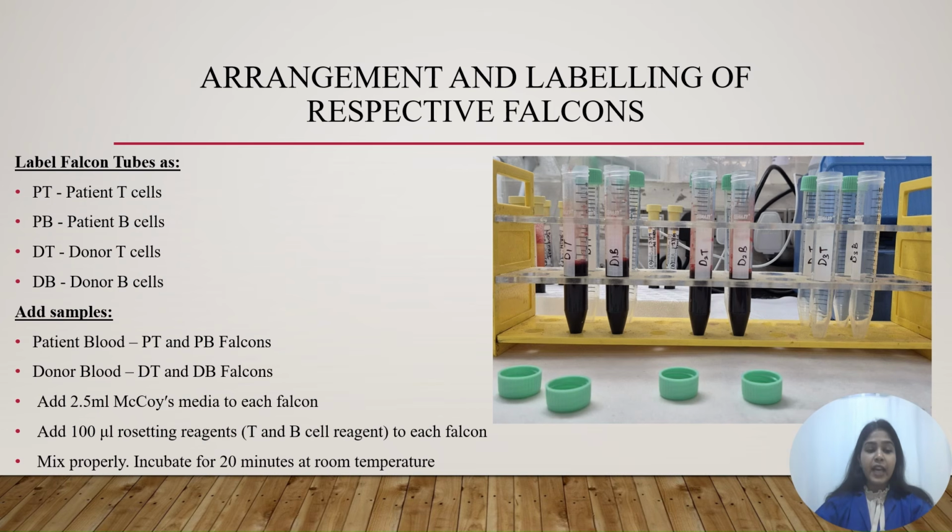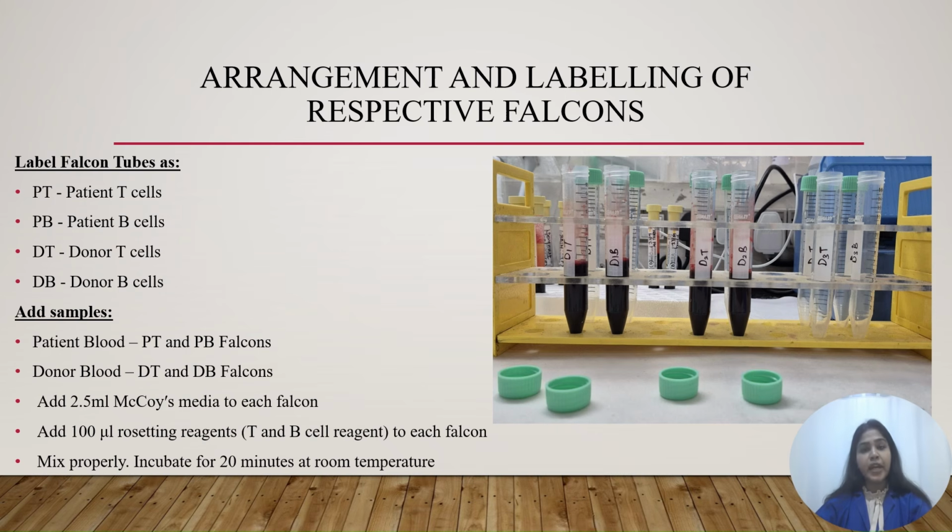Here we will add the samples. We'll transfer the blood sample from the ACD vials to the tubes, as the patient blood will be transferred to the PT and PB falcons and donor blood to the DT and DB falcons respectively. We'll add 2.5 ml of McCoy's media to each falcon, and after that we'll add 100 microliters of rosetting reagents, that are T and B cell reagents, to each falcon.